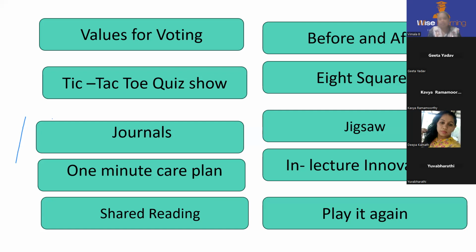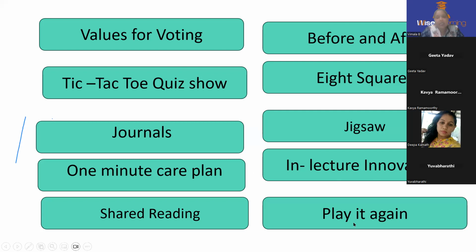Next is in-lecture innovations. It is for the initiation of a topic. When I'm starting with the chapter, I can give a question to the class and ask them to come up with different answers. Next is play it again.